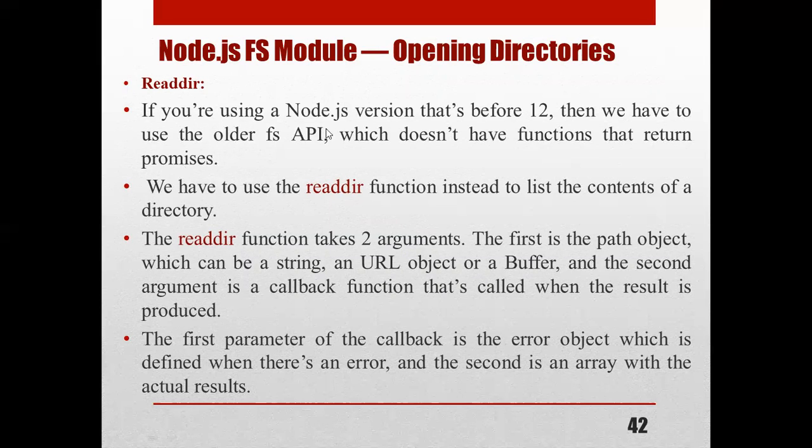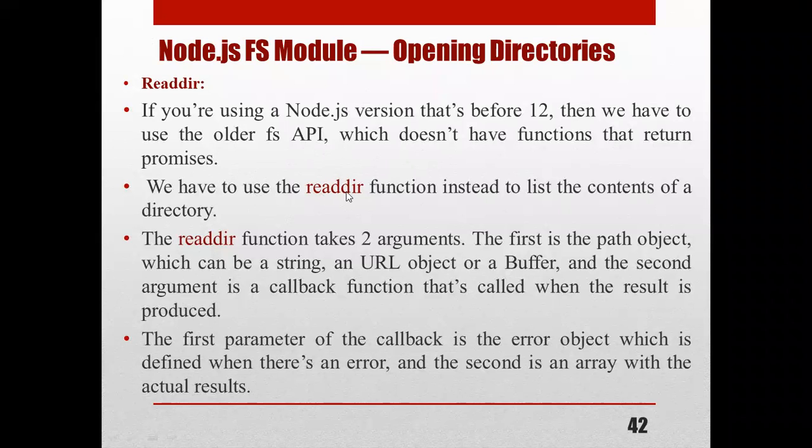If we are using a Node.js version before 12, there are several versions of Node.js, then we have to use the older FS API. If we use the newer version, after 12 LTS, then there is no need. If we are using the older version, then we have to use the older FS API, which does not have functions that return promises.